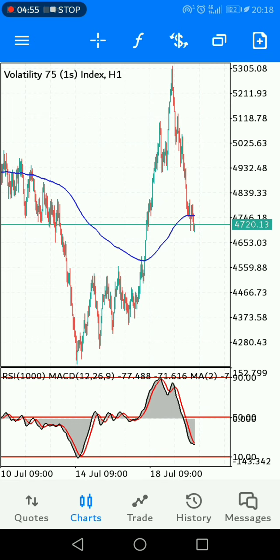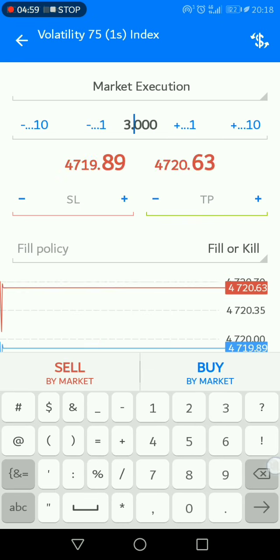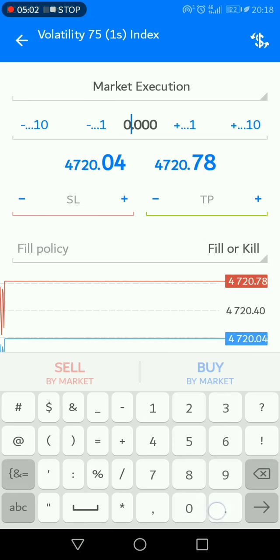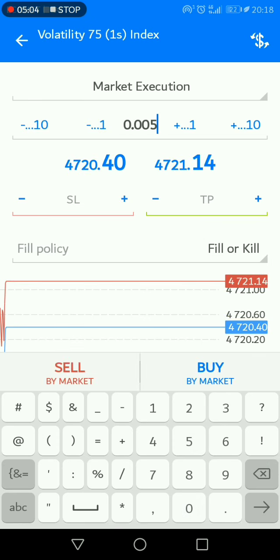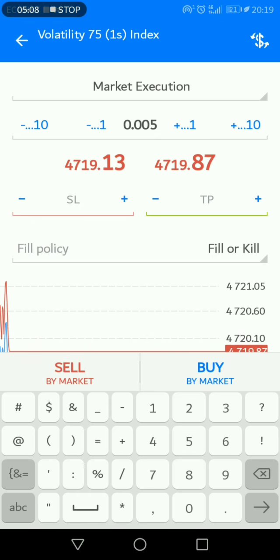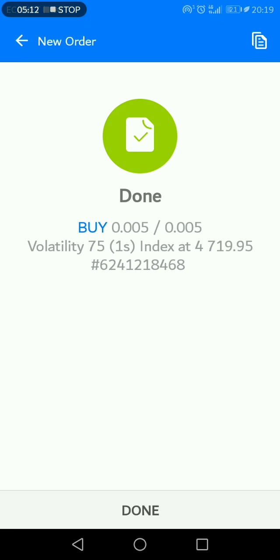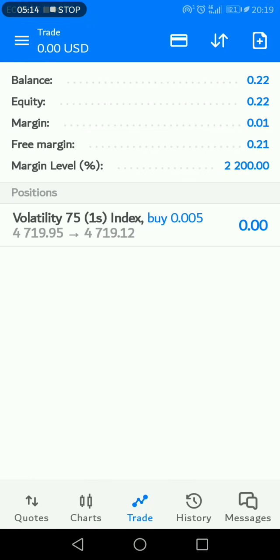So I'll create a new order, and then I'll select the lot size. For this one, the minimum lot size is 0.005. Then I will click buy. As you can see, it has been accepted. I am in a buy position right now with only 22 cents.